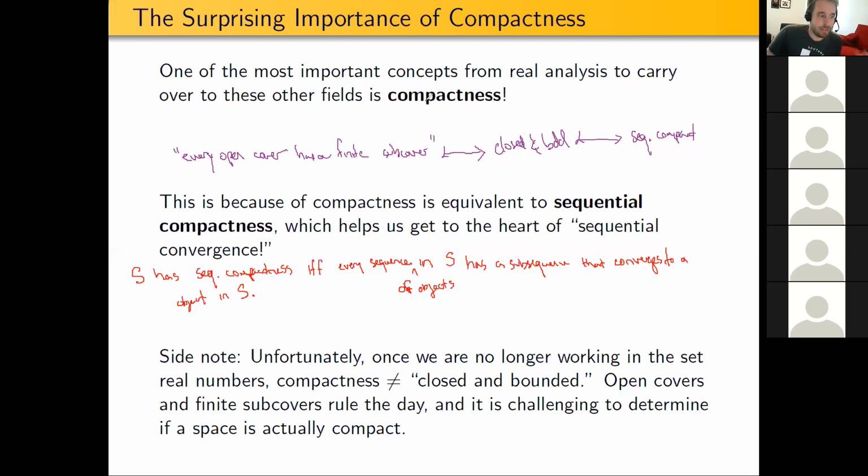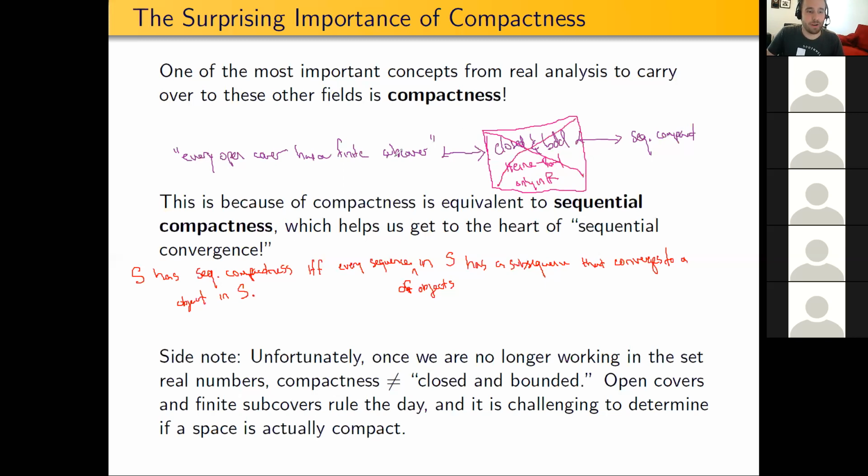As a side note, once we are no longer working in the set of real numbers, compactness does not necessarily equal closed and bounded. So this result here, the Heine-Borel theorem, only works in R. As we transition out of real analysis and into, say, functional analysis or geometric analysis, we have to be a little suspect of this, unfortunately.